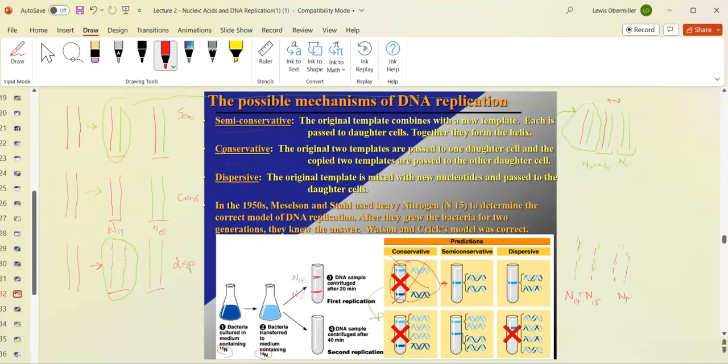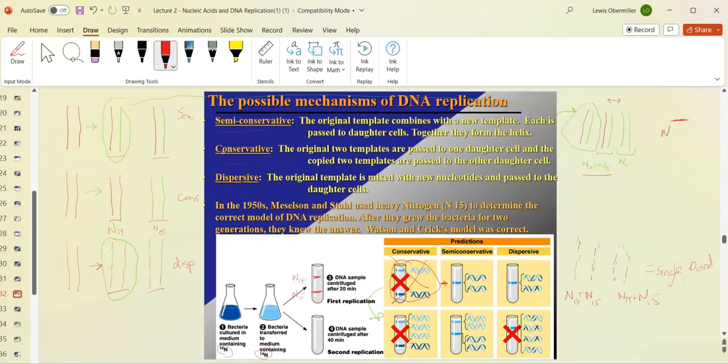Same thing here. So we would expect from this one a single band because they're roughly the same weight. And this one we would expect two bands. One that would be a little lighter because it's half nitrogen 14 and nitrogen 15.